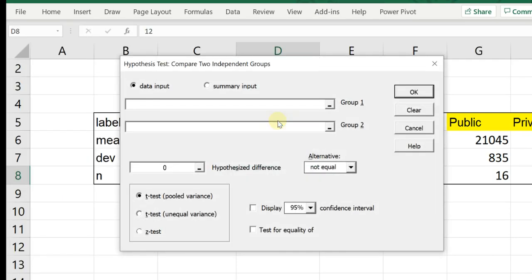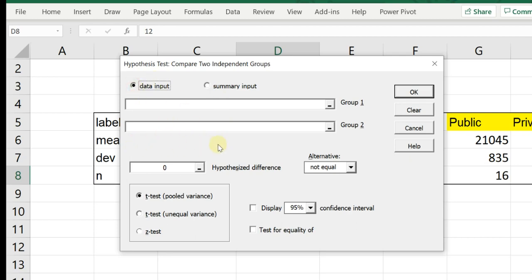Click on that. Now, in here, I'm going to click on summary input. We don't have data input. I don't see the individual viewing times, if you will. I only see summarized data. So click on summary input. Now notice in here, as soon as I click that, let me show you again.